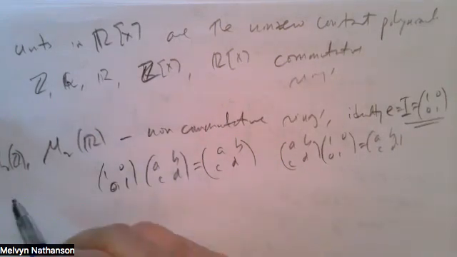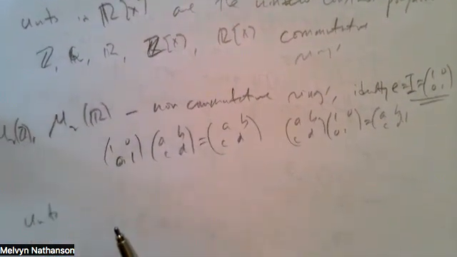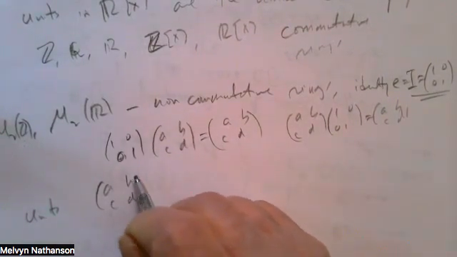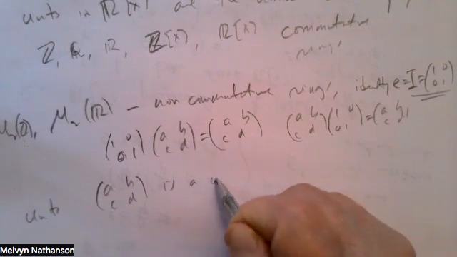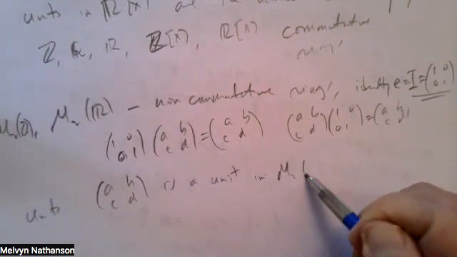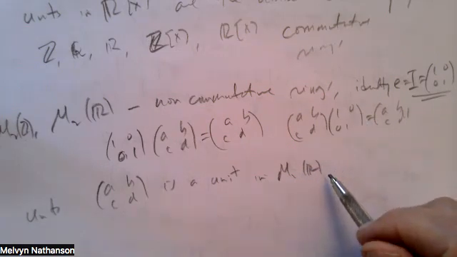What are the units? Well, the units depend on whether the coefficients are integers or reals, for example. So let's see, A, B, C, D is a unit in M2 of R if and only if it has an inverse.